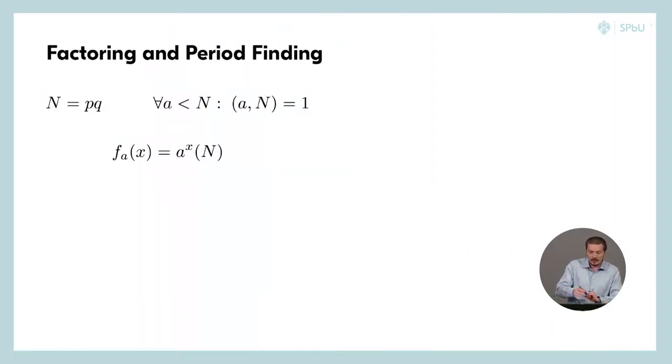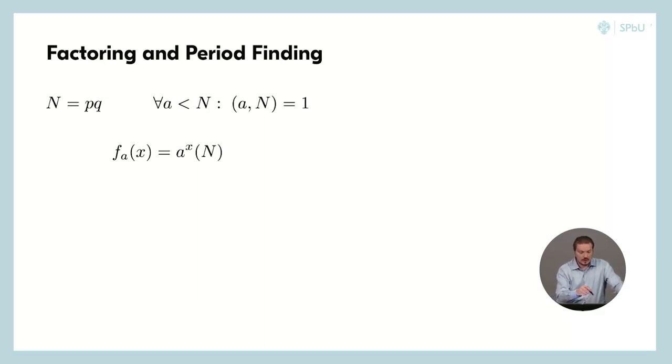So a and n are relatively prime, and we define function fa like this. It maps natural number x to a raised to the power x modulo n.